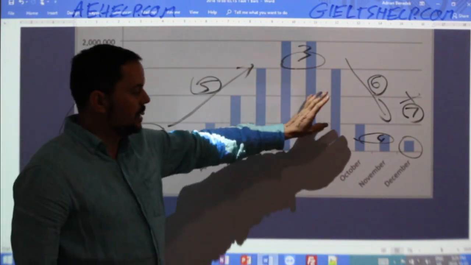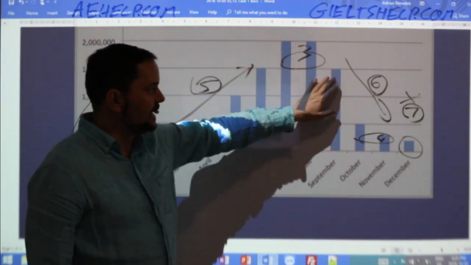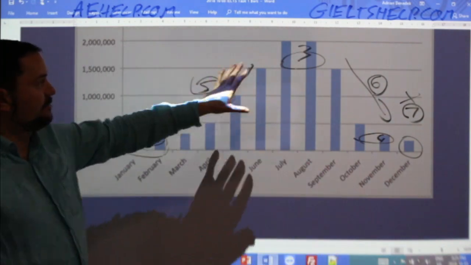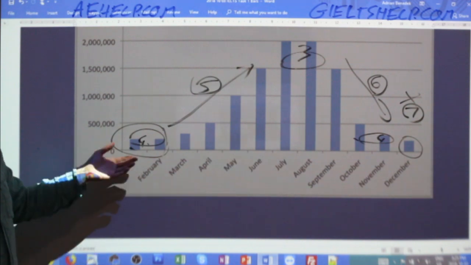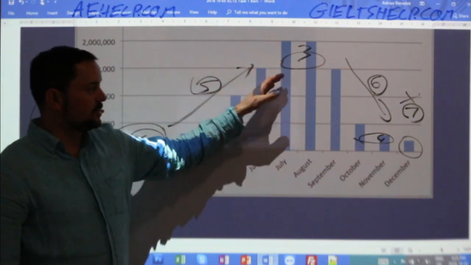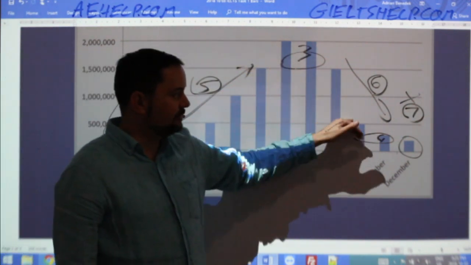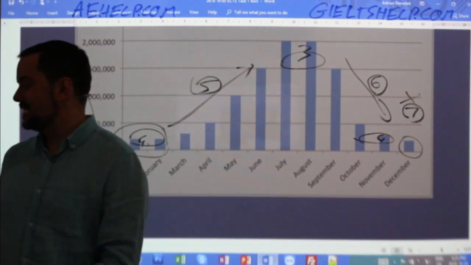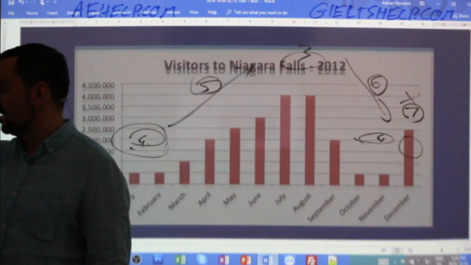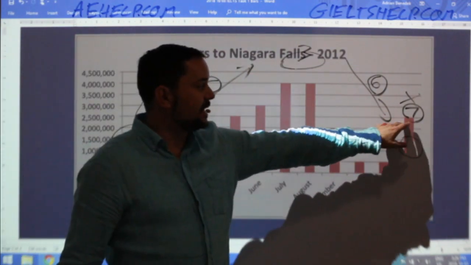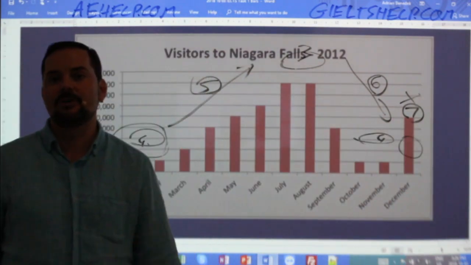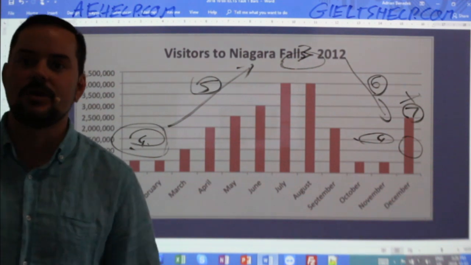And then I have points going down here for 6. So I can talk about the fact that the highest seasons are summer, the lowest seasons are winter. There's a gradual increase from winter to summer. There's a decrease afterwards. And there's an exception with visitors to Niagara Falls because we have, again, a high number of visitors in December for some reason, okay?